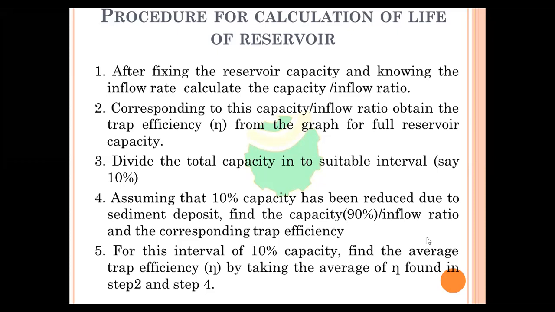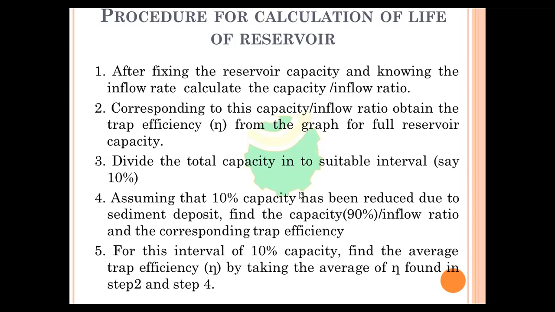So 100, 90, 80, 70, like that, if we take 10%. If we take 20%, 100, 80, 60, 40, 20, like that. So generally, we prefer 10 or 20% only.